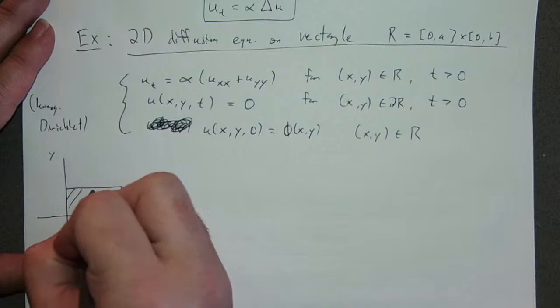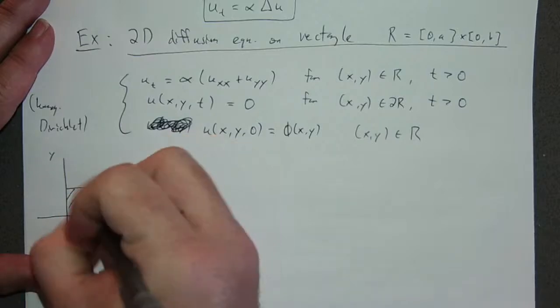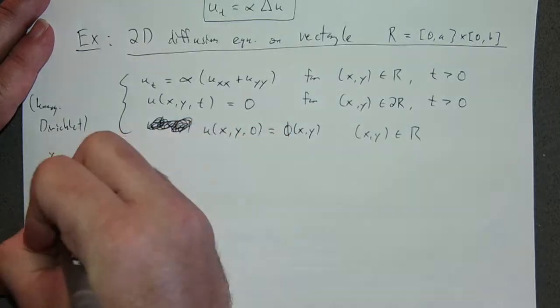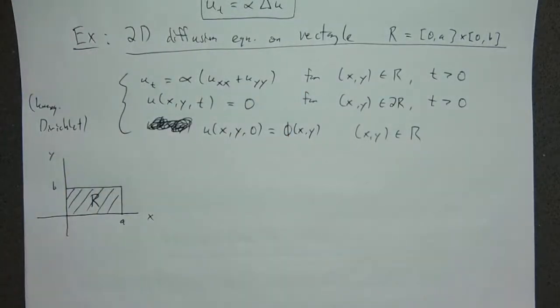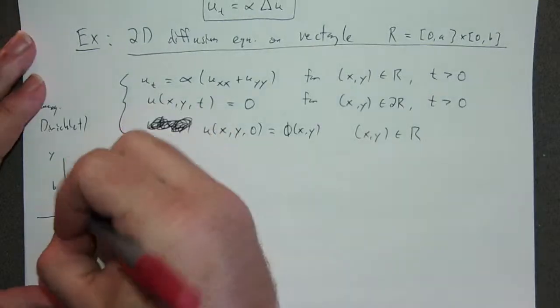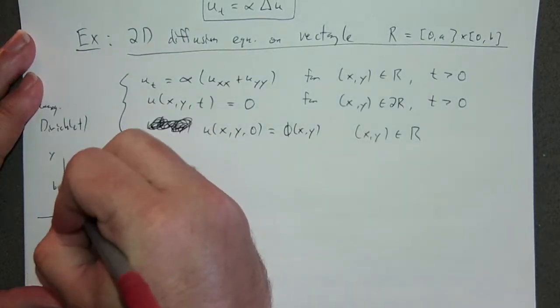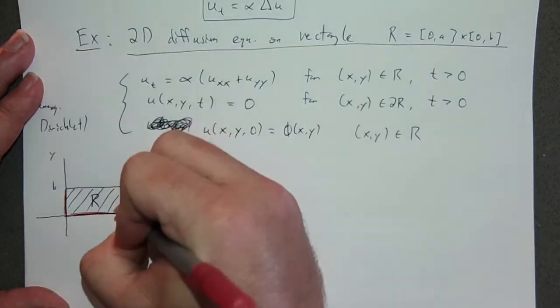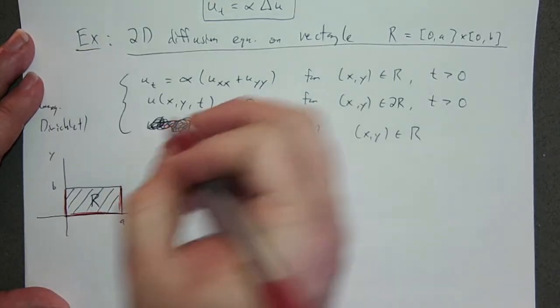So here's R, here's A, here's B. Of course, the boundary is this set, these 4 lines.